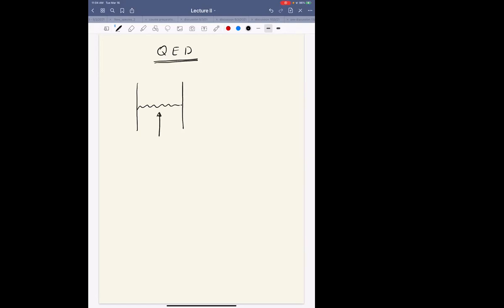We remember yesterday we said if there is a fermion scattering, we have a photon propagator, which goes as 1 over q squared, which then becomes 1 over r as a static potential.